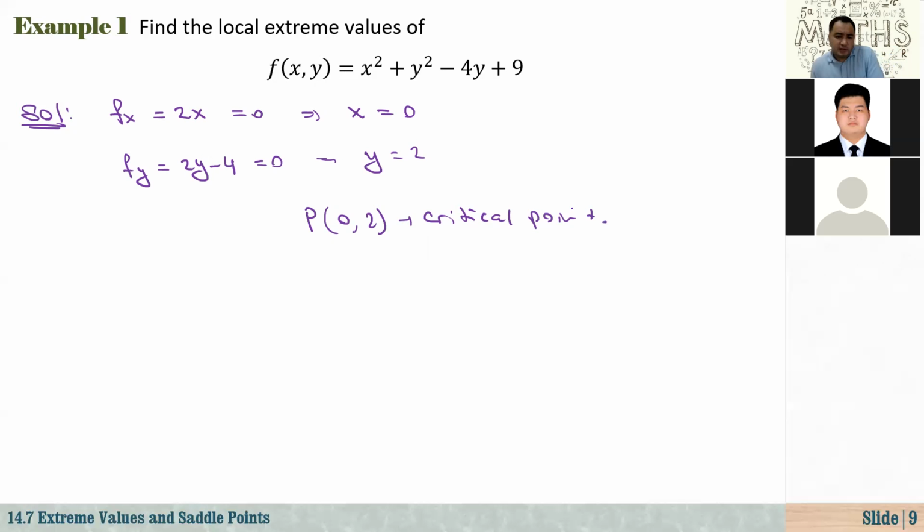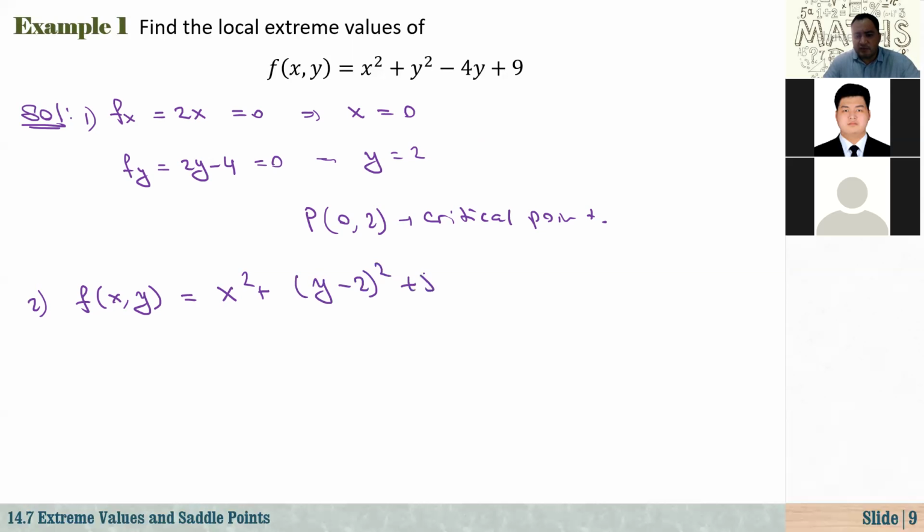Now the question is: does this critical point give us a local maximum or a local minimum? There are two different ways to determine this. Number one is the algebraic way. I can rearrange and write the function in this form: x squared, and y squared minus 4y plus 9, I can write as (y minus 2) squared plus 5.